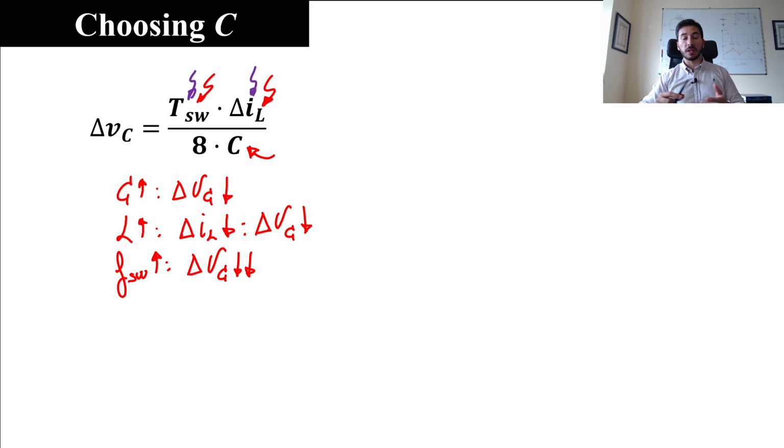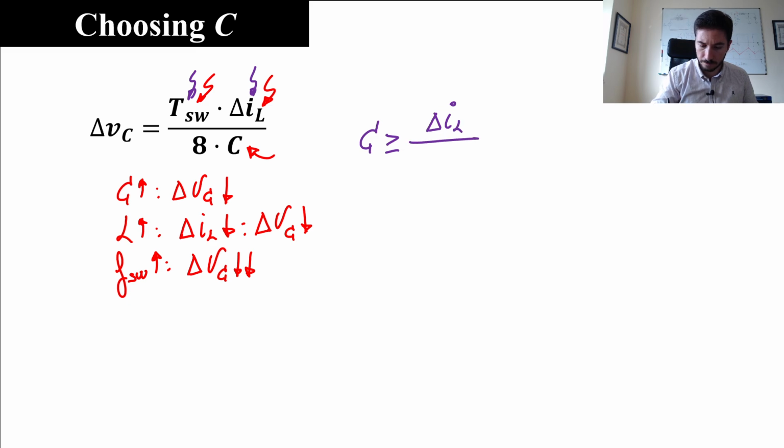So basically what we do in practice is we evaluate this expression. I will use the switching frequency instead of the period because I prefer to work in this way.